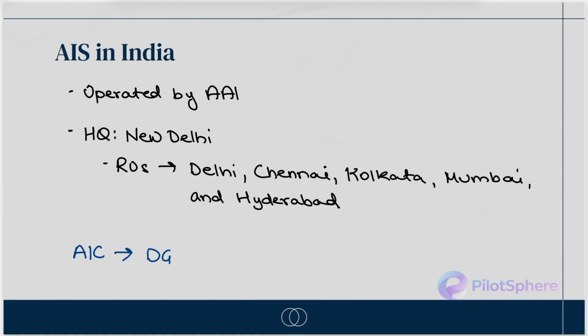We'll talk more about this document and what makes it different. But the Aeronautical Information Circular, which is one of those publications, is going to be published and created by the DGCA, while all the other publications will be operated, collected, collated, and published by the Airport Authority of India.